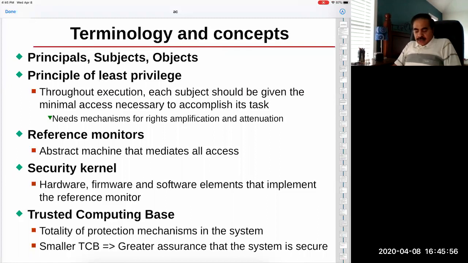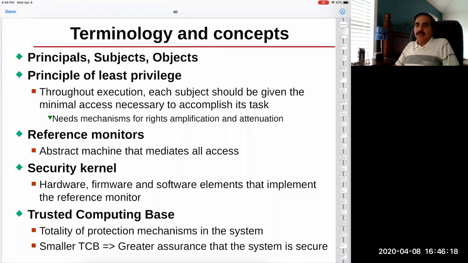Then two other terms. Security kernel means the hardware, firmware, and software elements that implement the reference monitor. Very often it includes typically all of the operating system kernel, as well as elements of the user interface, and so on.